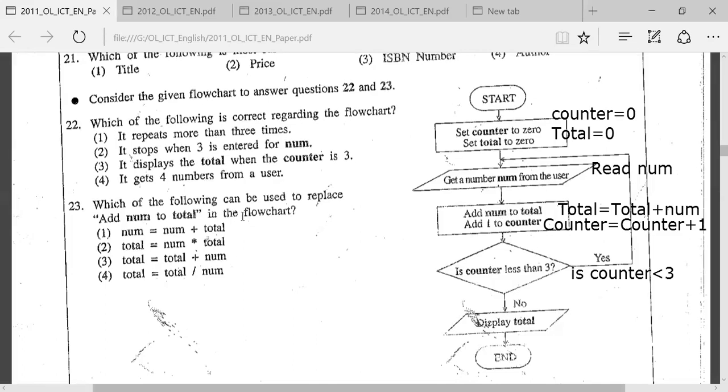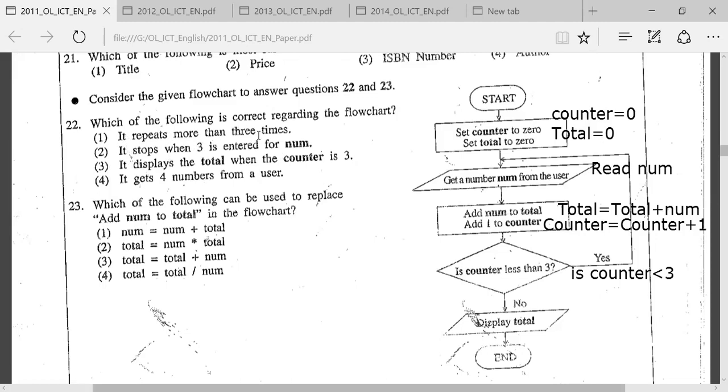So you can draw the trace table, or you can do it manually. Manually, it will be more difficult. First, I will do it manually.